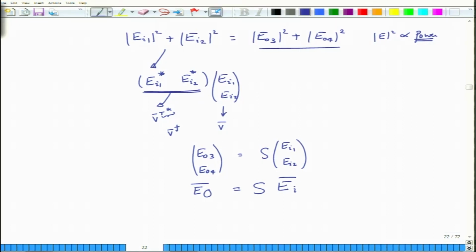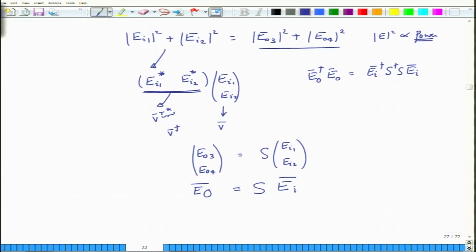So this condition, that EI1 conjugate, EI2 conjugate, is essentially taking EO, then taking the adjoint of that and multiplying it with the EO vector itself. If you do that onto the right hand side, what you get is the input vector adjoint, the S matrix adjoint, then S, and then the input vector as it is.